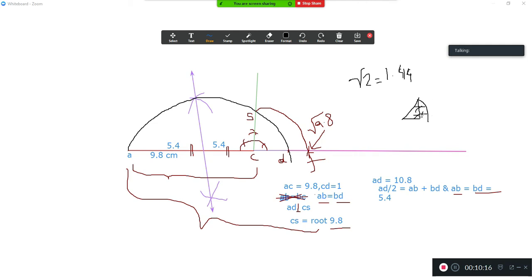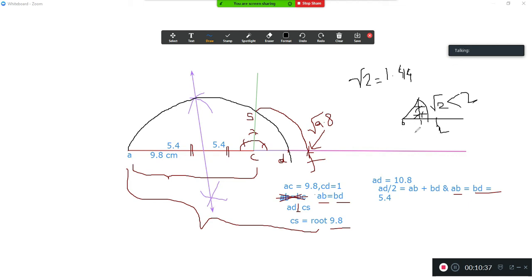I am not against this because till here it's 1 and here it's 2. That means root 2 is less than 2 according to the line.